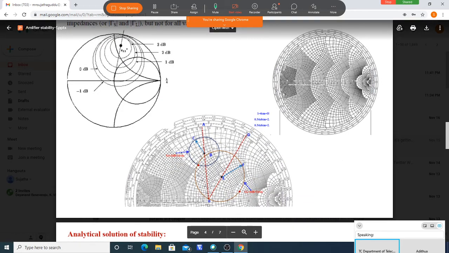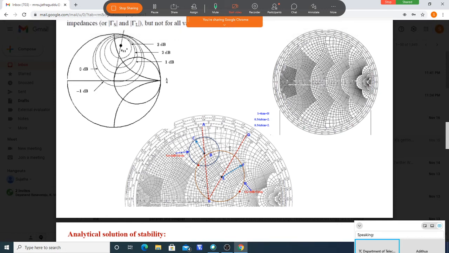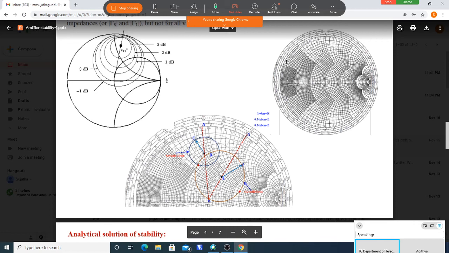So stable, and again we cannot take all values for 2 dB. You should take only the values over this. First you find out the stable region here. If the entire region is stable, then again you cannot take the entire thing.